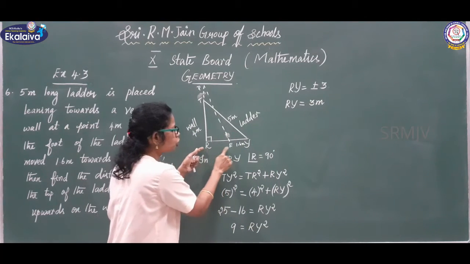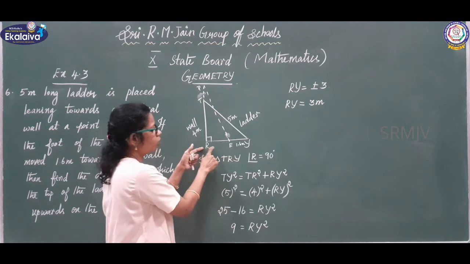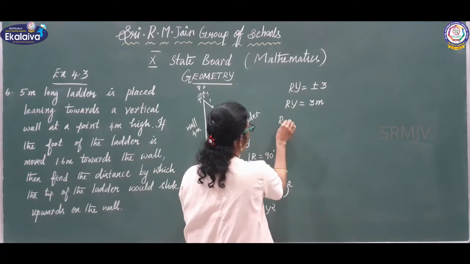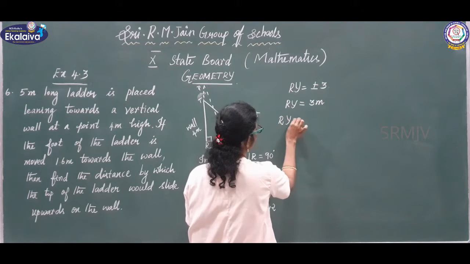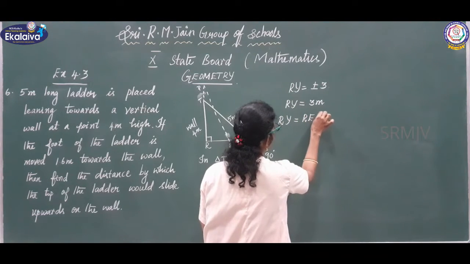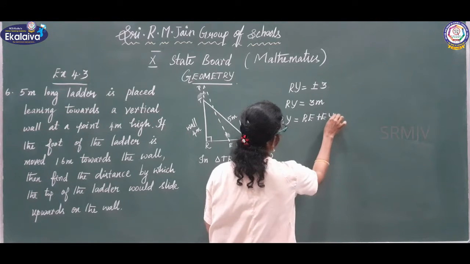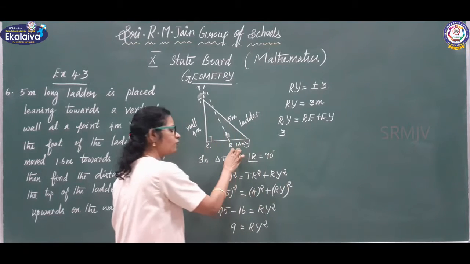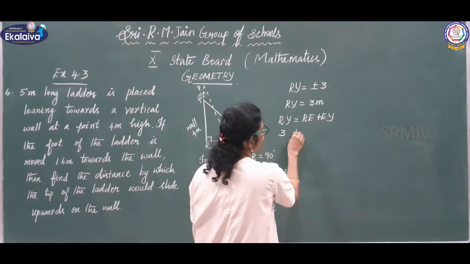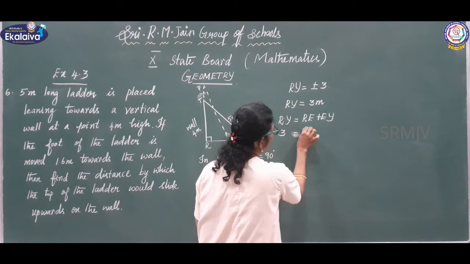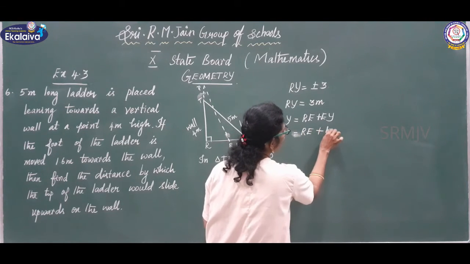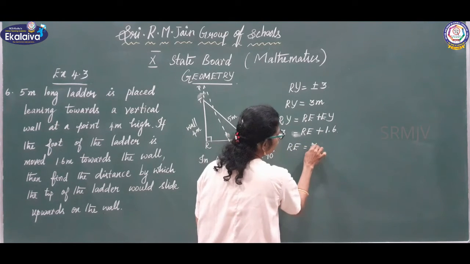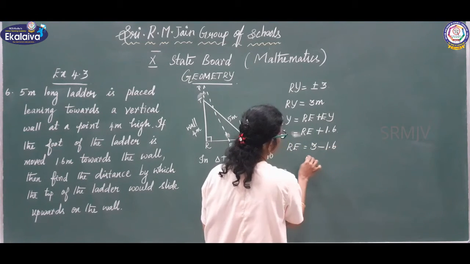Now, what is the position of RE? Children, what is the position of RE? RY equals RE plus EY. RY we got as 3. EY is given as 1.6. So RE plus 1.6 equals 3, so RE equals 3 minus 1.6.